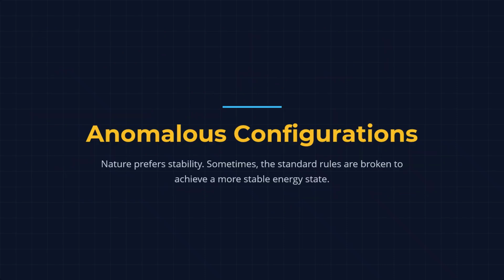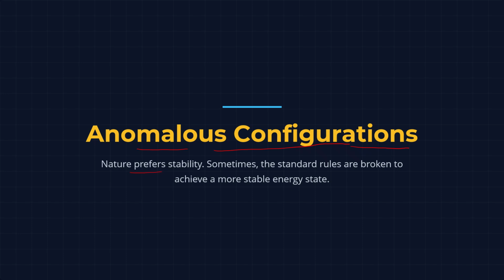Next, we have completed all the three rules which we will follow to write the electronic configurations. Now there are certain exceptional behaviors in the configurations which we term anomalous configurations. So what is the meaning of anomalous configurations? That is, there are certain atoms or elements which show different electronic configurations from the expected configurations.